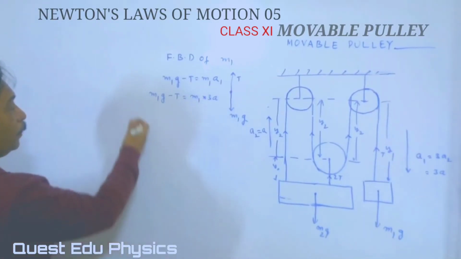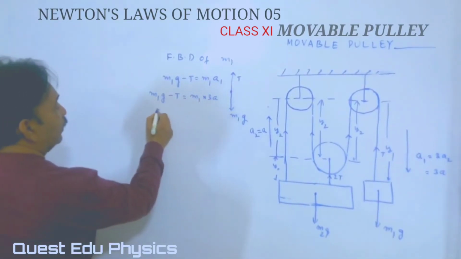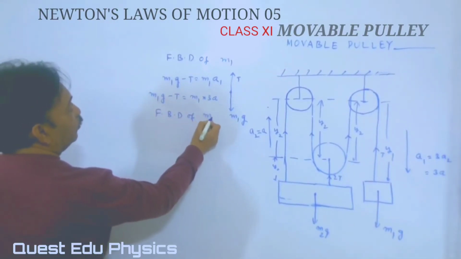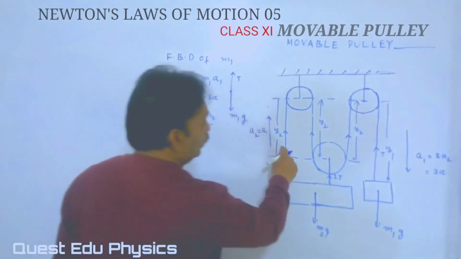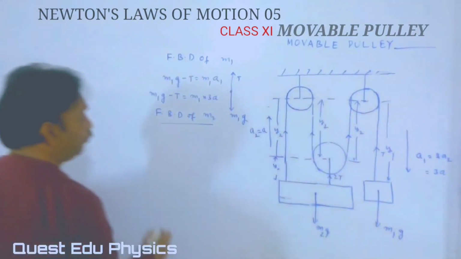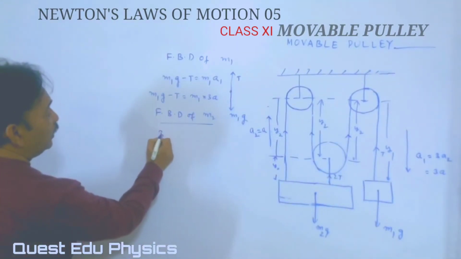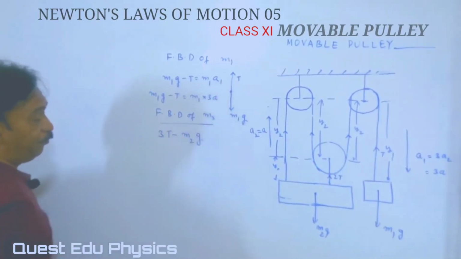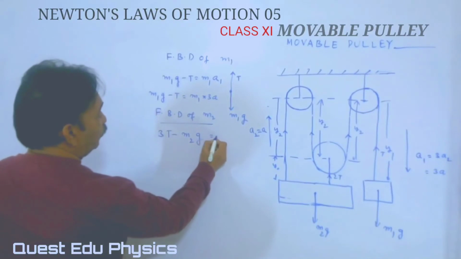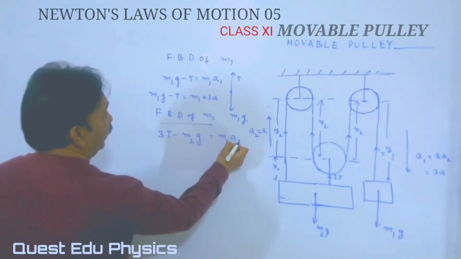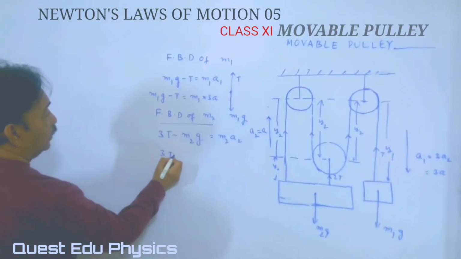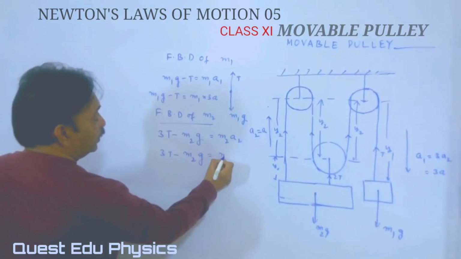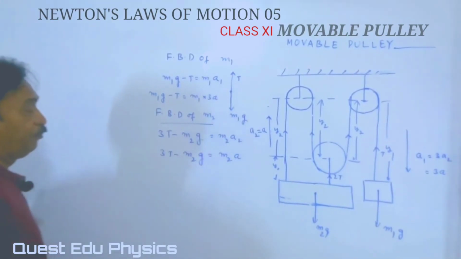And the second one, FBD of m2, what you get: t plus t plus t. 3t minus m2g is equal to m2a2, that is 3t minus m2g is equal to m2a.